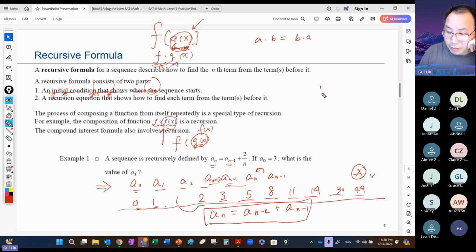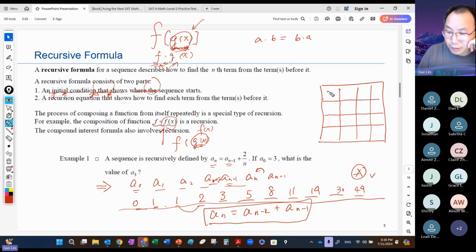Another example you may have learned before is, I think, an Indian legend story. One farmer talked to the king and said, I want to put one seed here, and each next one is filled with double the previous number. So A_n equals 2 times the previous one.